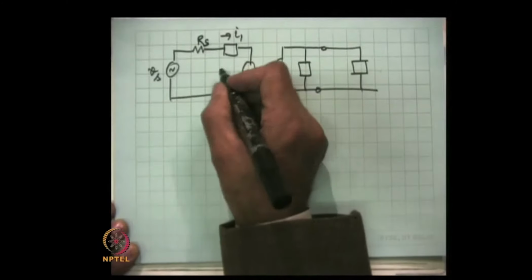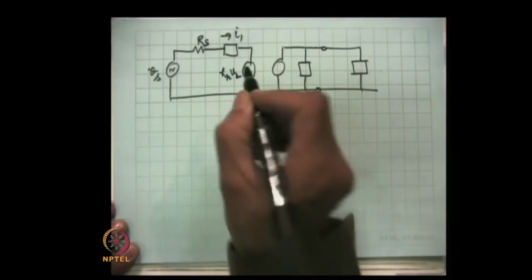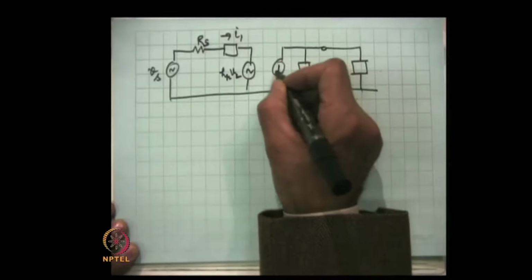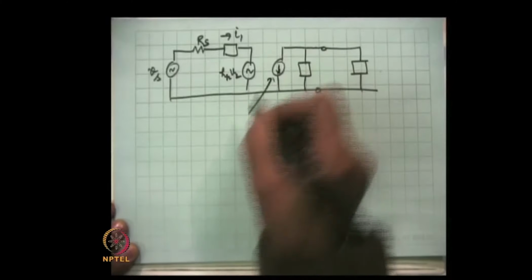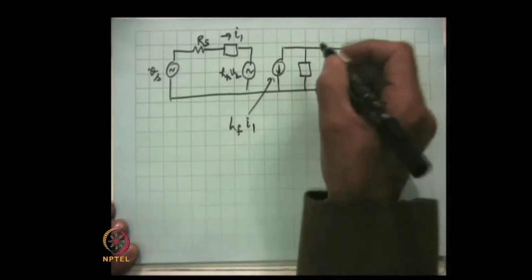In the model we have H R V 2 and this is the current source H F I 1, and this is 1 by H 0, the impedance, inverse of admittance, and H 0 is the output admittance, and this is V 2 here and the current I 2.